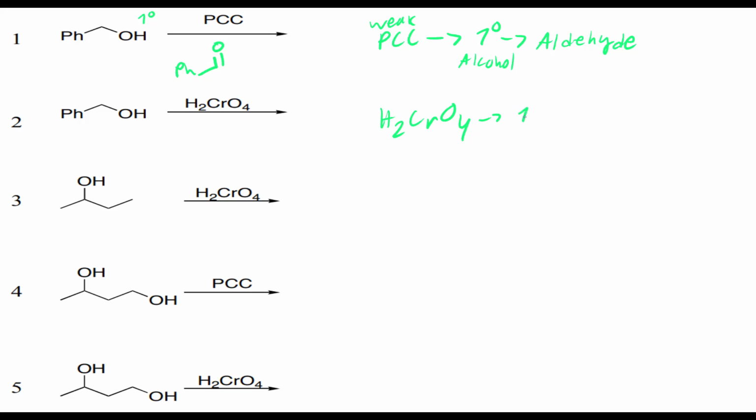So for primary alcohols, instead of making an aldehyde, it makes a carboxylic acid. And if you forgot what a carboxylic acid is, it's basically R, carbon, double bond with O, and then OH. Okay, just like that. Yeah, so that's what it makes.